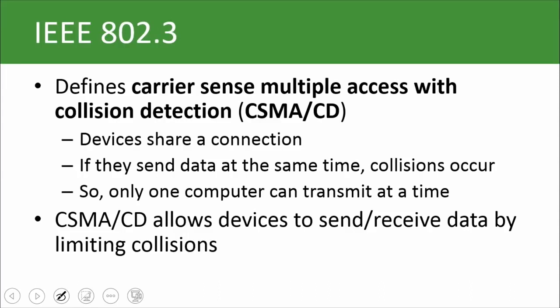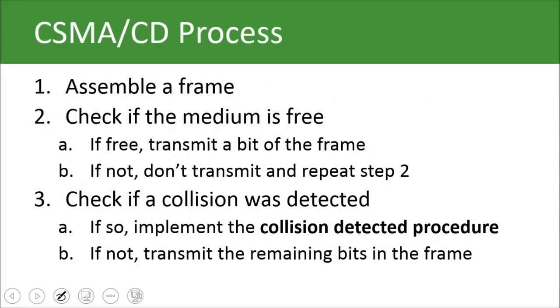Okay. Let's talk about the CSMA/CD process. What happens is if a computer wants to use an Ethernet network using CSMA/CD, it's going to assemble a frame. It's going to listen to the Ethernet cable to see if the medium is free.